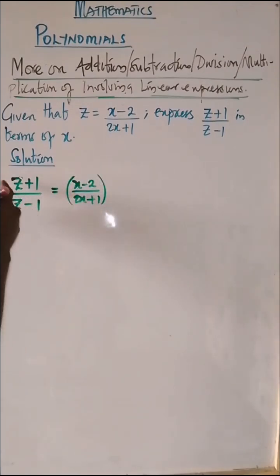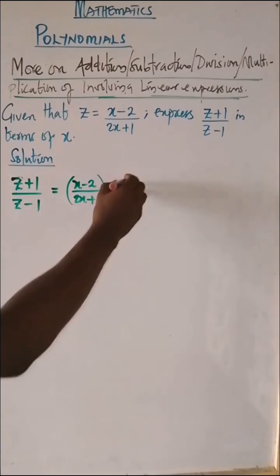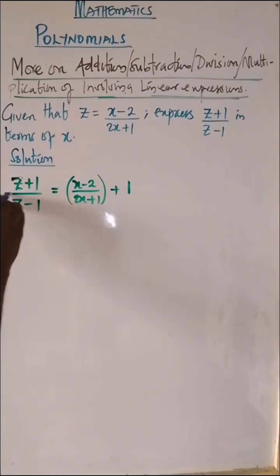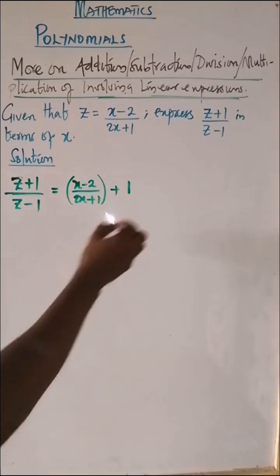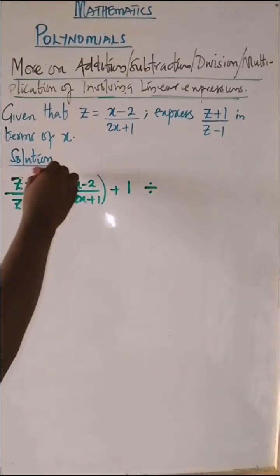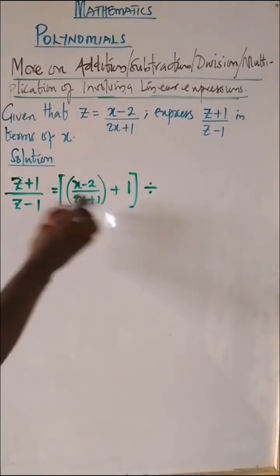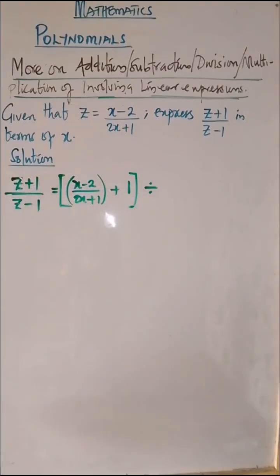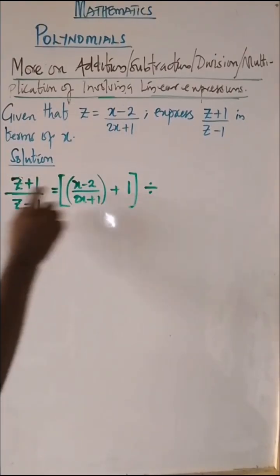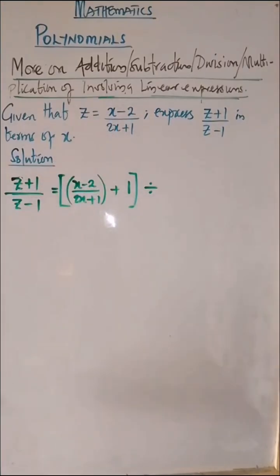This is actually this z here. Then I have plus 1 beside it. Plus 1. Then here I have divided by. In this case, I'll write it as divided by. In order not to create confusion, I can put this inside brackets. This represents the numerator. This is z plus 1. So instead of writing z plus 1, we'll replace z with x minus 2 over 2x plus 1.